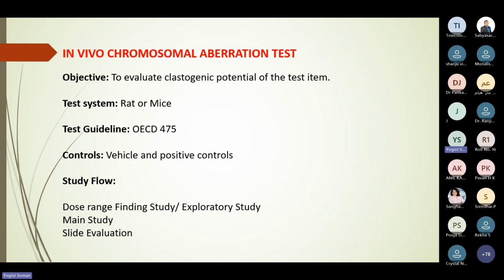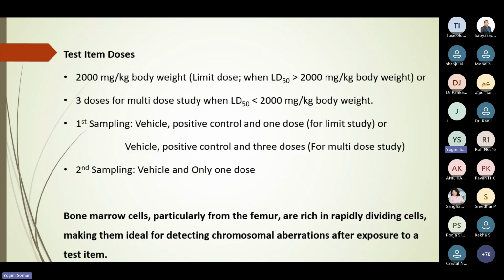For the main study, it is necessary to include the concurrent vehicle control, which is suitable for the test item, then at least three test concentrations if the dose is not a limit dose, and the positive control, maybe cyclophosphamide, which is a known clastogen. After the conduct of the main study, it is necessary to evaluate the slides using the microscopic method for the in vivo chromosomal aberration.